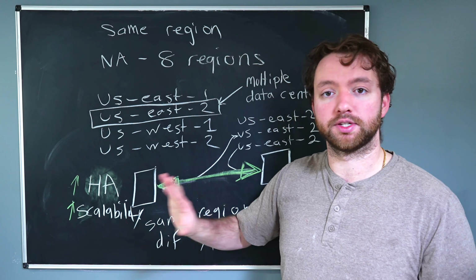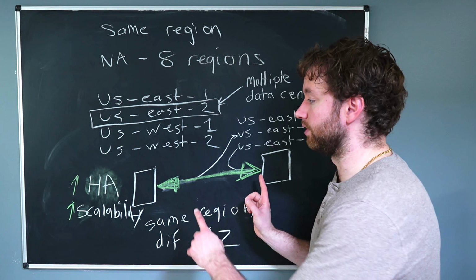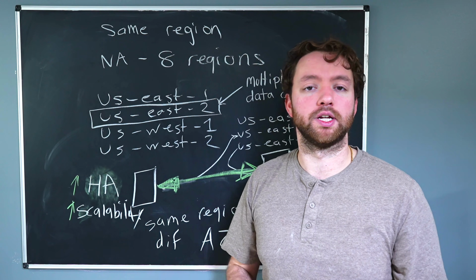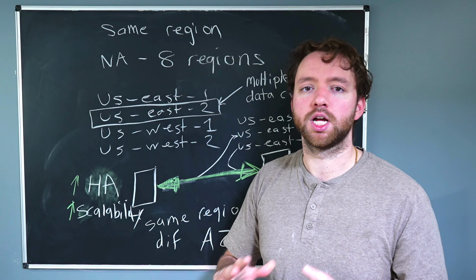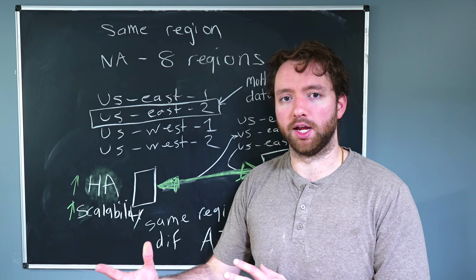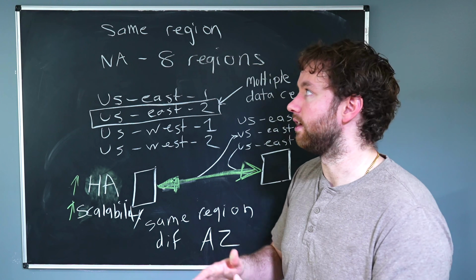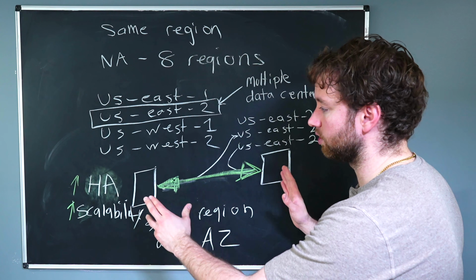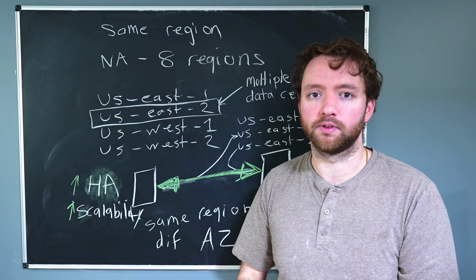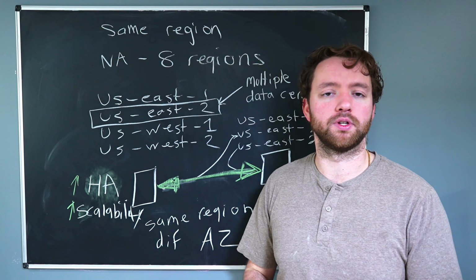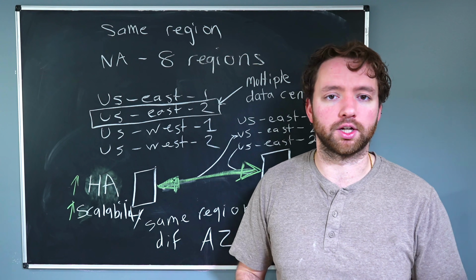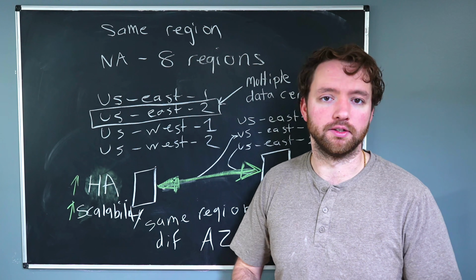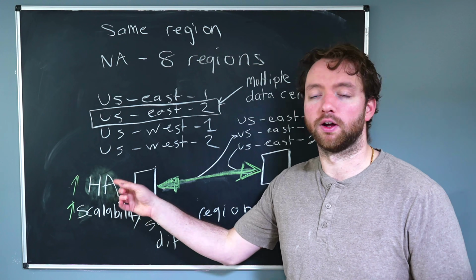If they were both in the same location, then you could potentially go completely unavailable if something happened to that location. So that is the major benefit you get from having things within the same region, but splitting it out to 2 different availability zones. This is a fairly simple step, so it's not going to add a lot of complexity to your architecture. So I would probably recommend doing this for protecting your high availability.